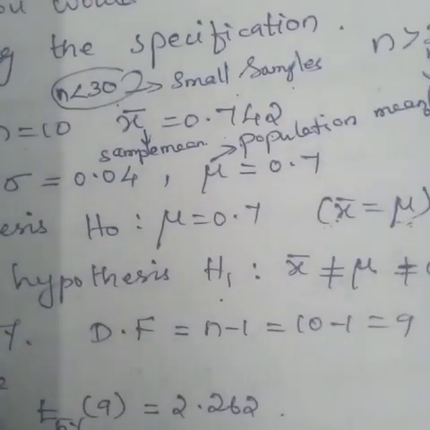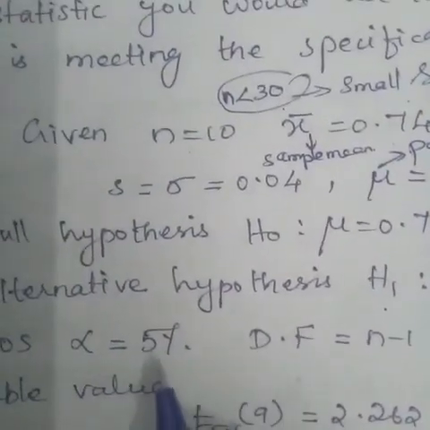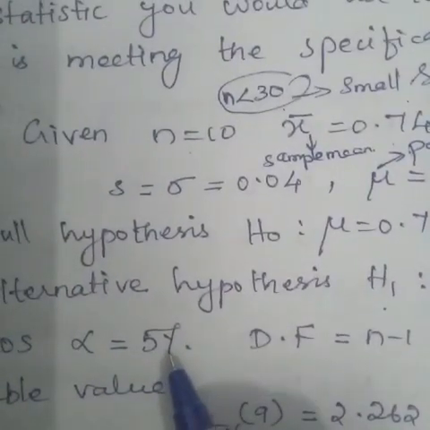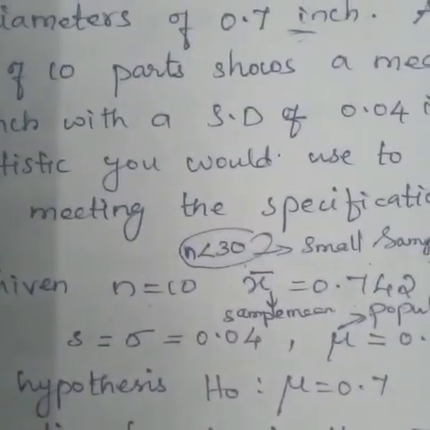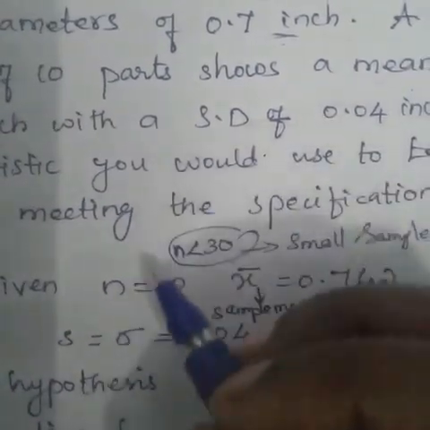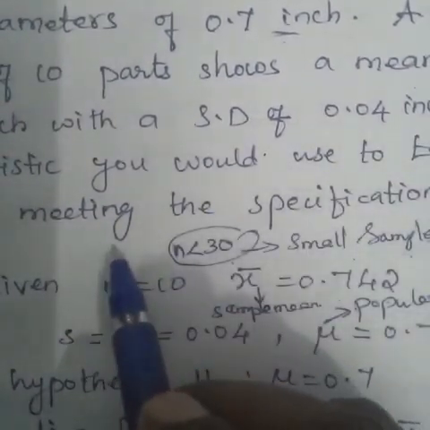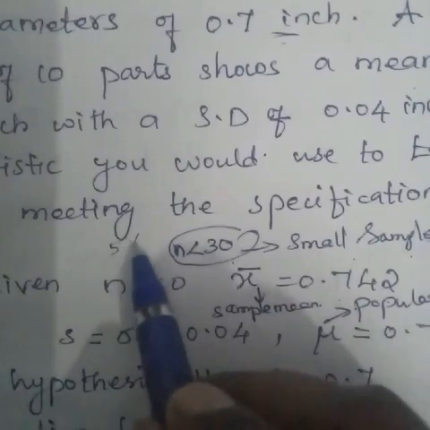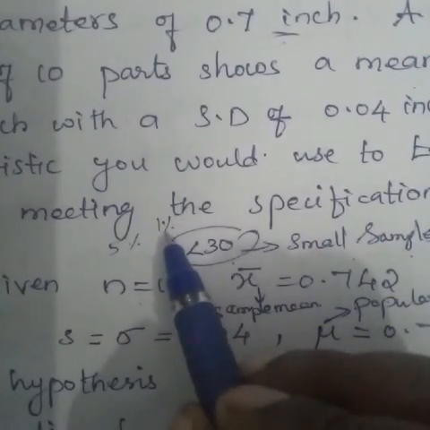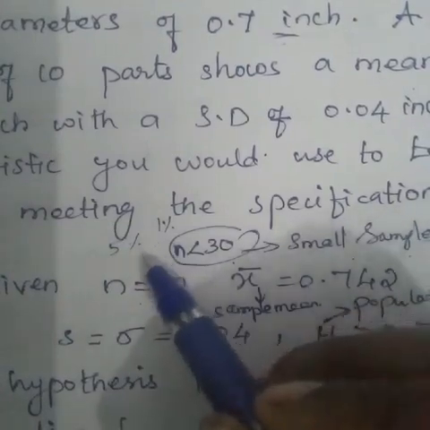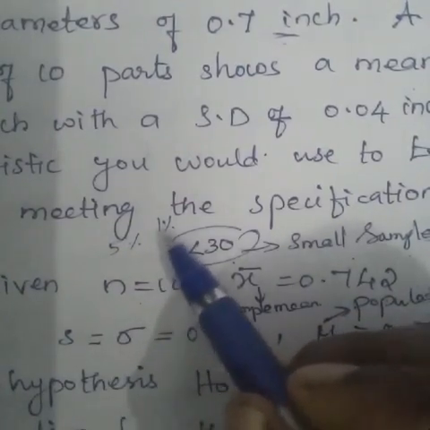The next is level of significance, alpha, which is equal to 5%. Sometimes it is not mentioned in the question. If 5% or 1% level is mentioned, we must use the mentioned LOS, that means level of significance.